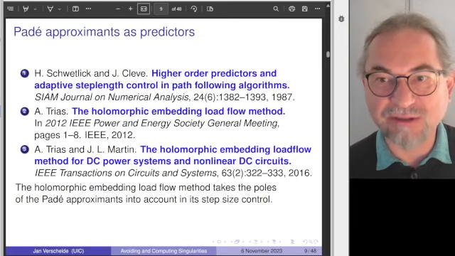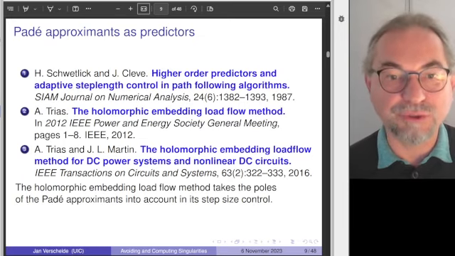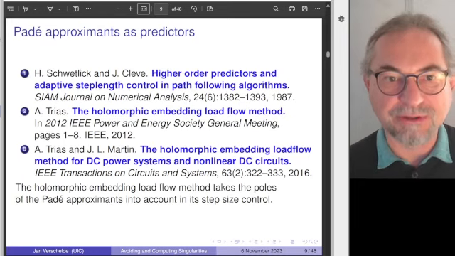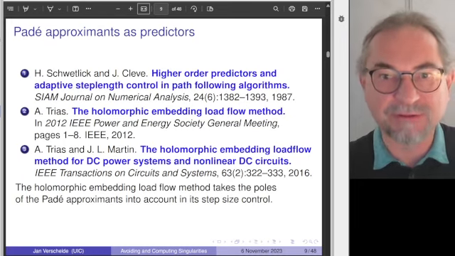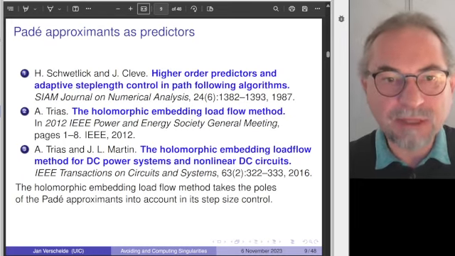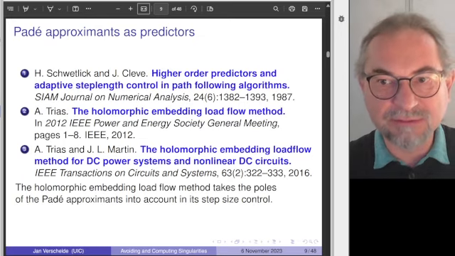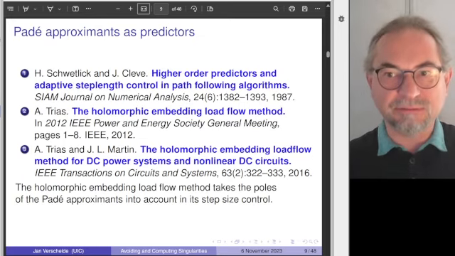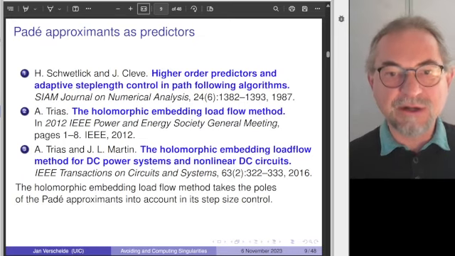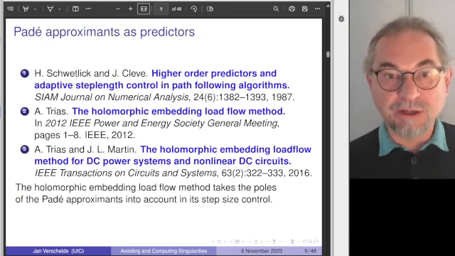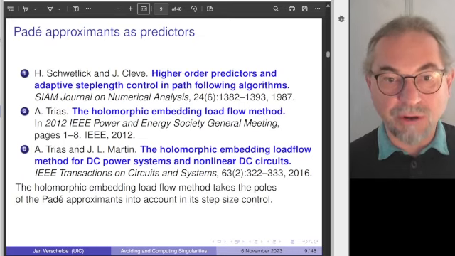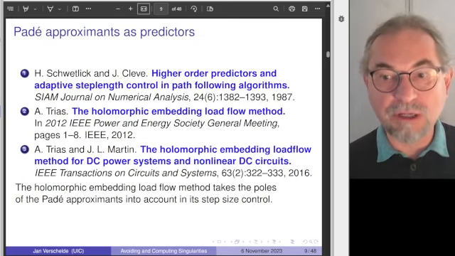So I've published in the IEEE, but I do not regularly read IEEE papers. But when I discovered what we were doing, I discovered that in the electrical engineering literature, tracking paths defined by homotopies, using Padé approximants, taking the poles of the Padé approximant, so the roots of the denominator, into account for the step control, that idea already appears over there.